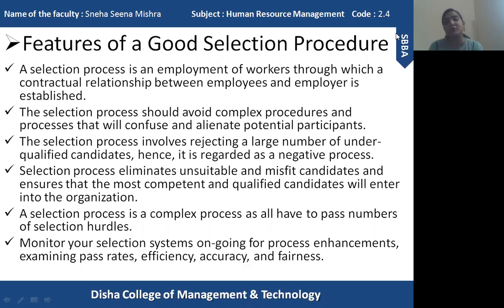So whatever procedure is selected, whatever methods, whatever types of tests and interviews are decided to be used in the selection procedure, they need to be very clear. They need to be less complex. It needs to be very effective, but at the same time it should not be more complicated.